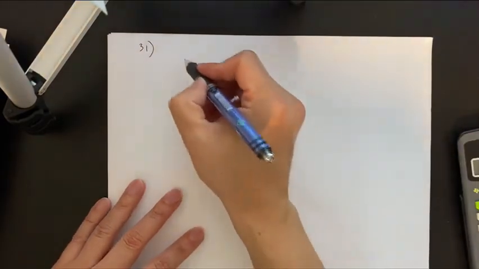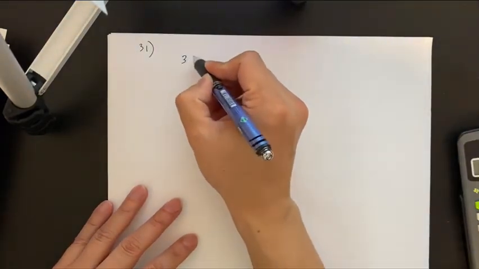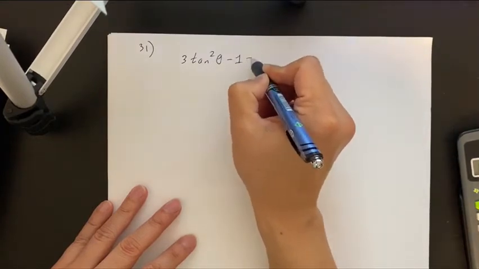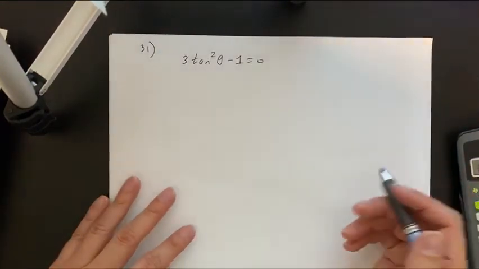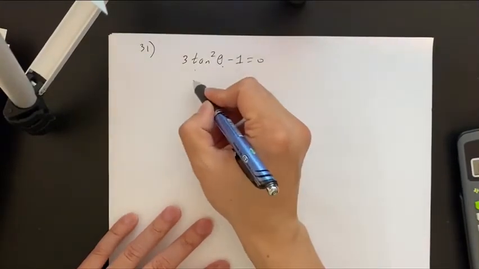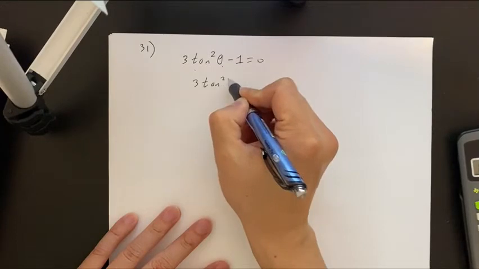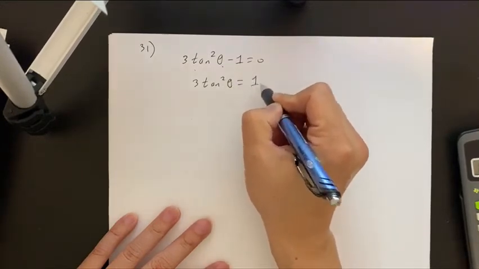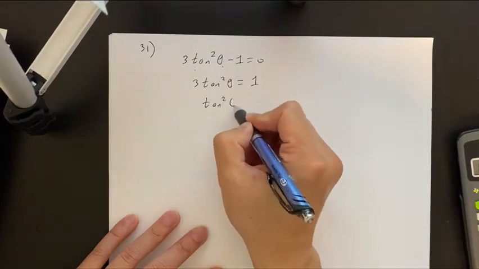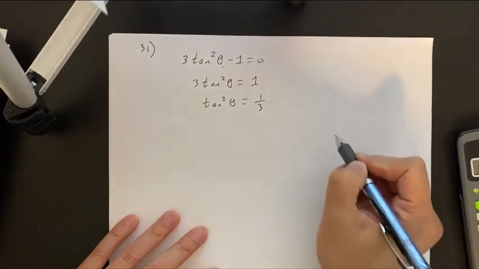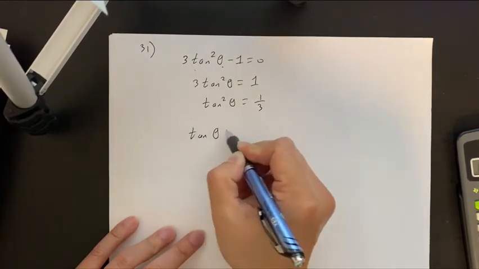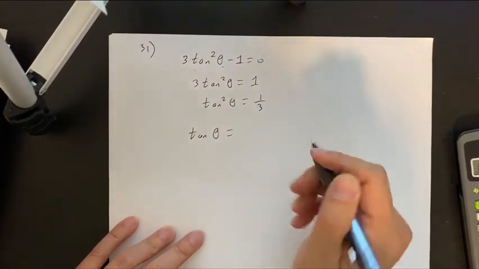So 31, I'm going to do this really quick. 3 tangent squared theta minus 1 is equal to 0. The first thing you have to do is solve for tangent theta. So 3 tangent squared theta is 1. If you move that 3 over, tangent squared theta is 1/3. And I'm going to take the square root of both sides to get rid of that square.